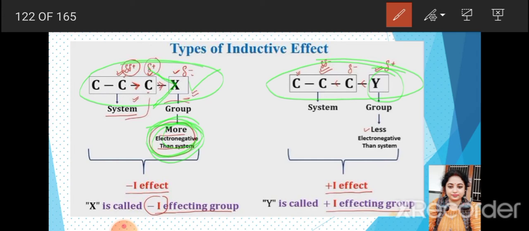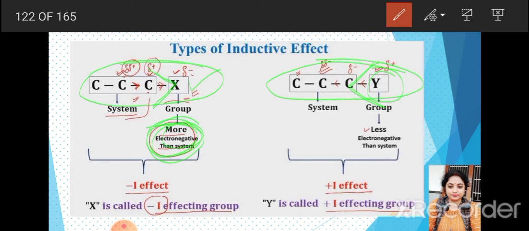And if the carbon atom is more electronegative, then the electron pair is displaced towards the carbon atom rather than the attached atom or group. Here you can see the arrow will go on to the carbon side.